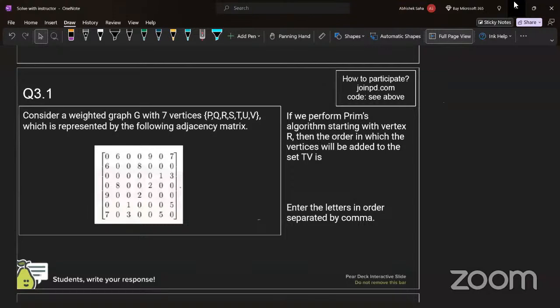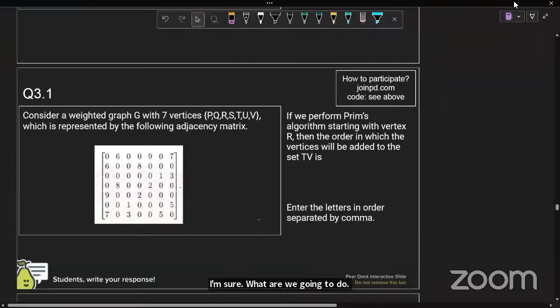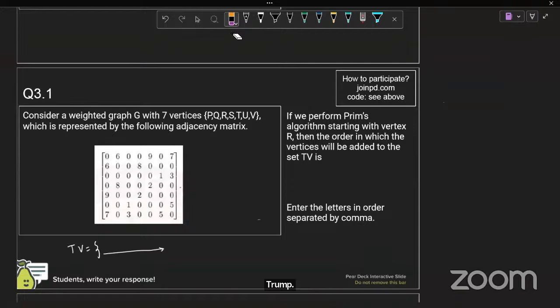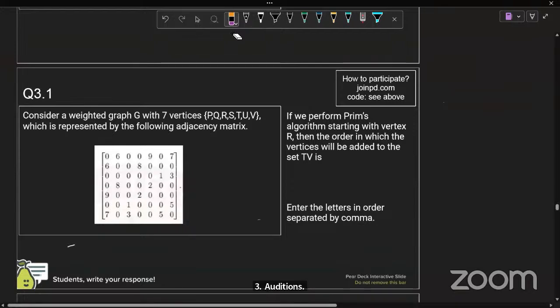Abhishek, what are we going to do? In this problem, you have to find the tree vertices. If you remember, it means you have to raise the minimum cost spanning tree edges in order. Here 0 means no edge, right? Yeah, 0 means no edge.